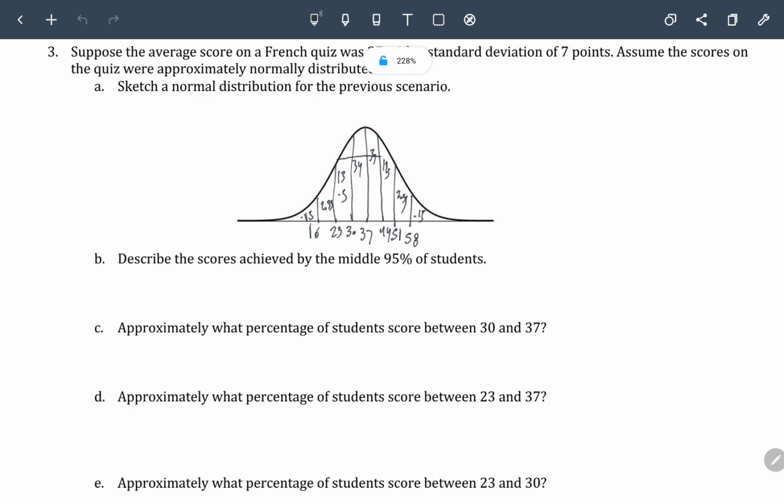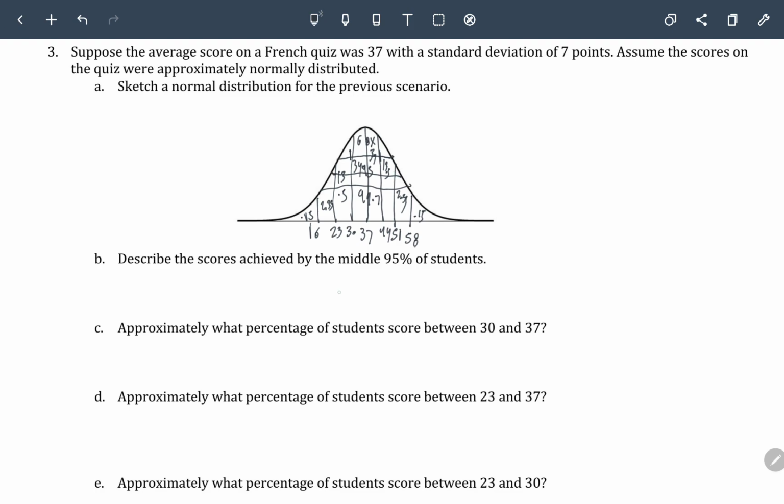Now, the middle 95% can be described as 68, which is here. So it's between these. So it's 68%, right? And then we have 95%, and then we have 99.7%, right? So the percentage here, 95%, is actually between 23 and right here, 51.